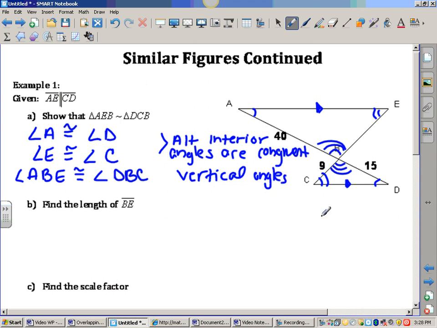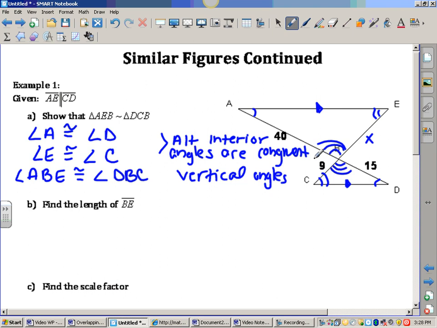Now we've got our corresponding angles congruent to each other, so we know for a fact that the two triangles have to be similar as long as their side lengths are in proportion, and that's where we're headed right now. We want to find the length of BE, B to E, right here.